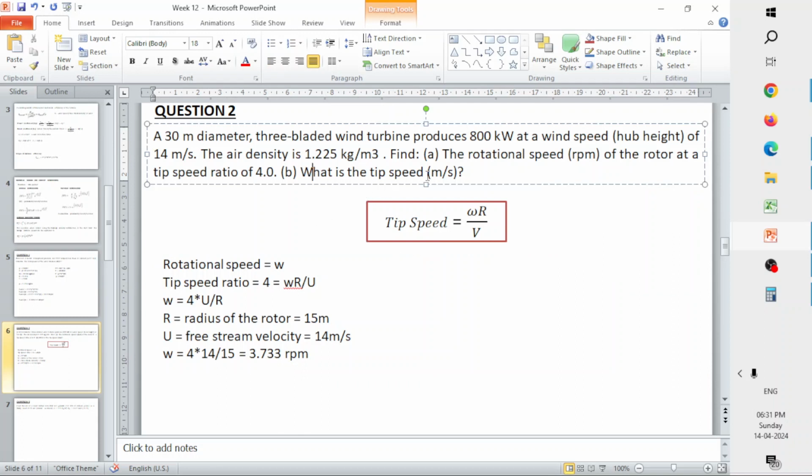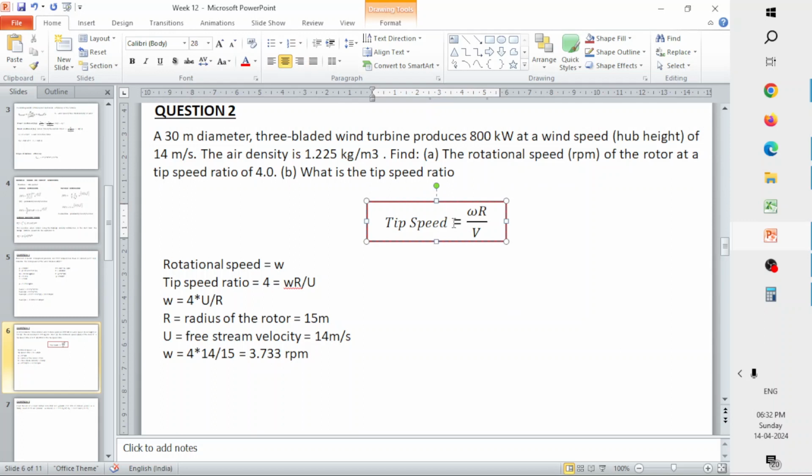Now here you need to calculate the tip speed ratio. So here you are asked to calculate the tip speed ratio itself.